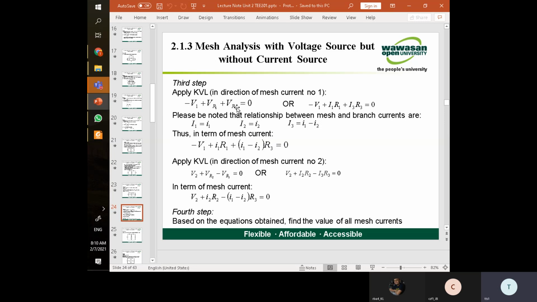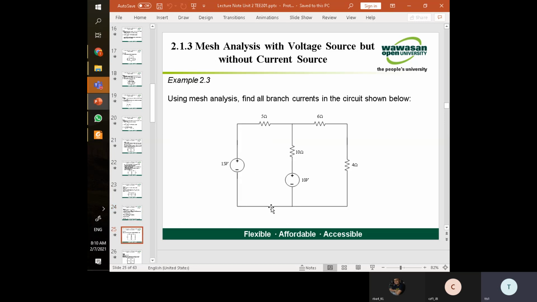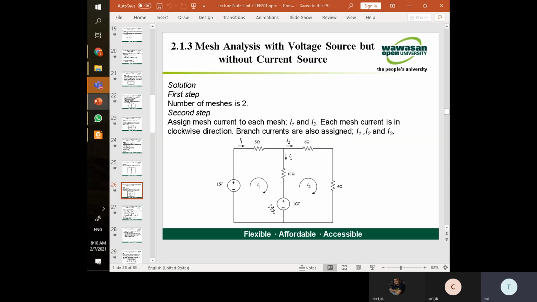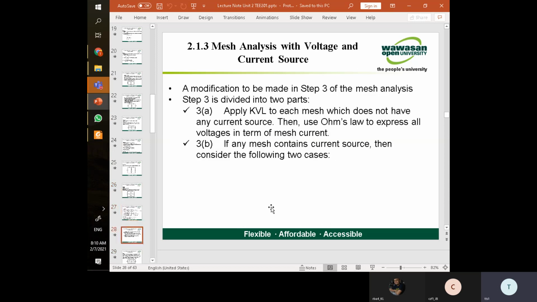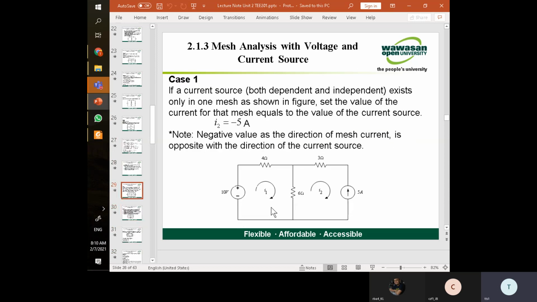Later on we can use Ohm's law to convert the VR1 to I1 R1 and so on. And then the rest is just algebra. You just work it out using the calculus you learned in the calculus class and find all the unknowns. So we can say that the nodal analysis and the mesh analysis are based on the KCL and KVL.